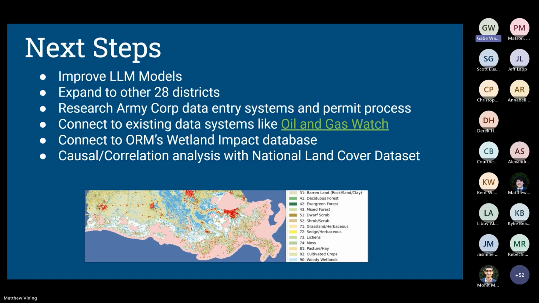And as I noted in a few previous slides, the notices are just proposed, and we have a lot of ideas in terms of how to validate those proposed losses, what they look like a few years down the line when the project is actually instantiated. Do those impacts match up with the number of acres that were said to be impacted?